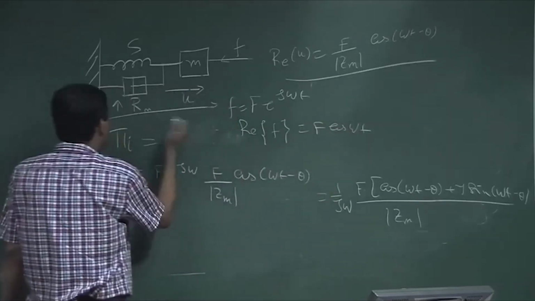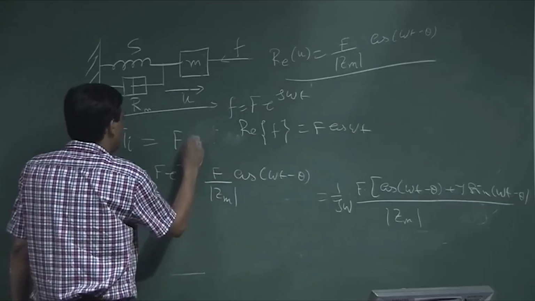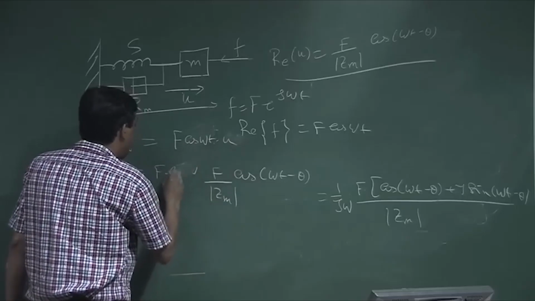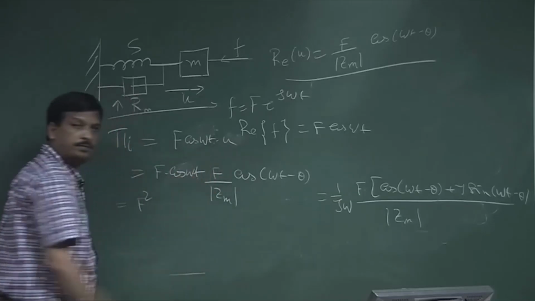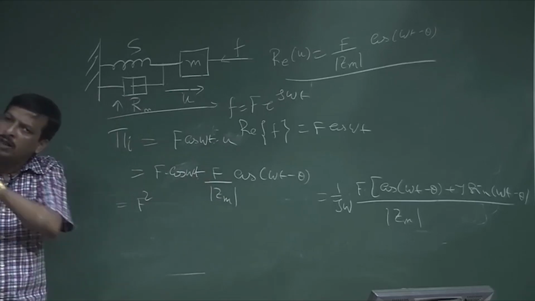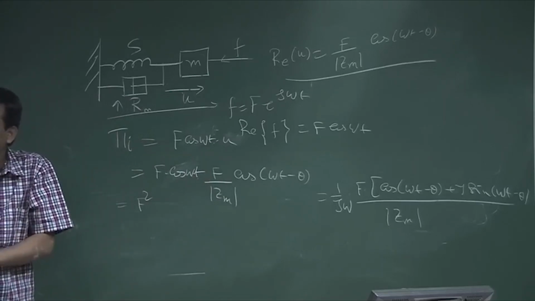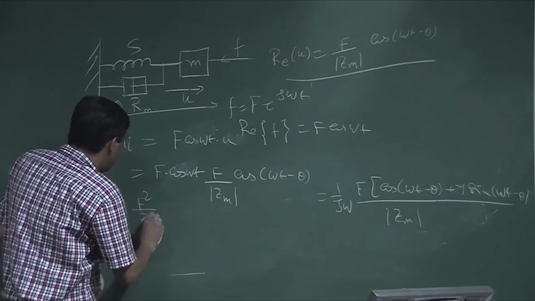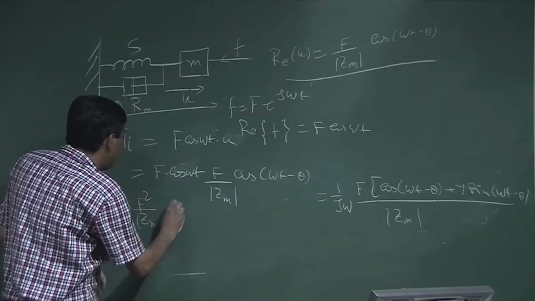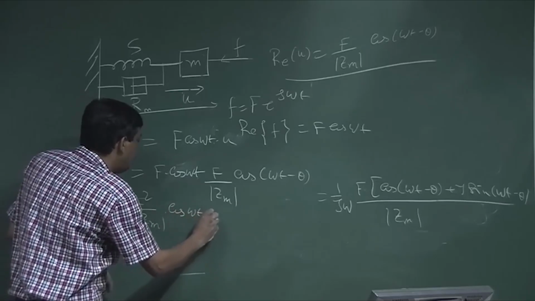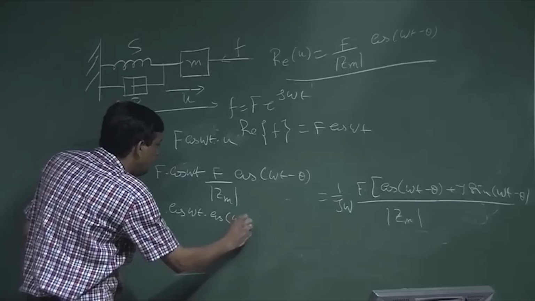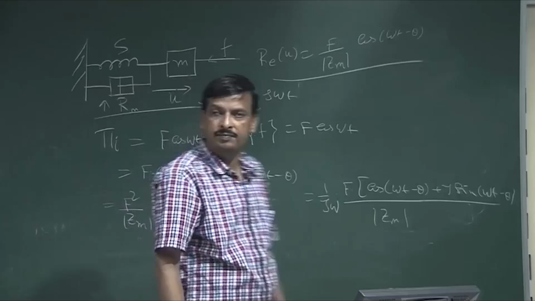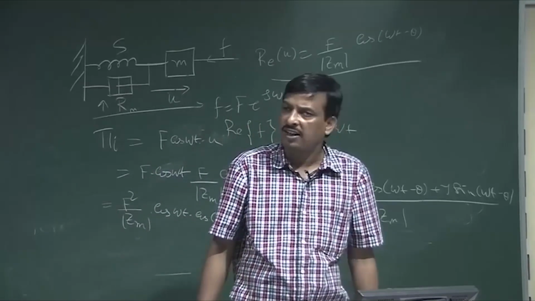So instead of the complex part, I should write cos omega t times u. Real force multiplied by real speed is the instantaneous power. So instantaneous power is F square by mod Zm into cos omega t into cos of omega t minus theta. Okay. So this is the instantaneous power.